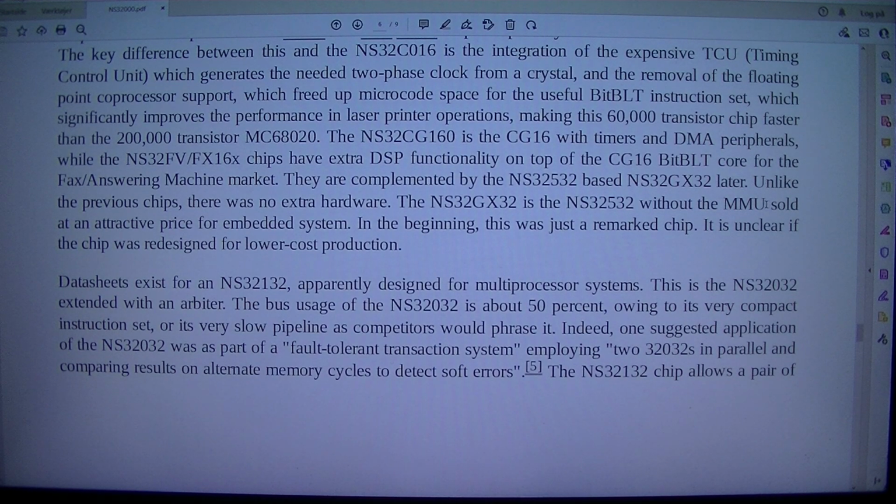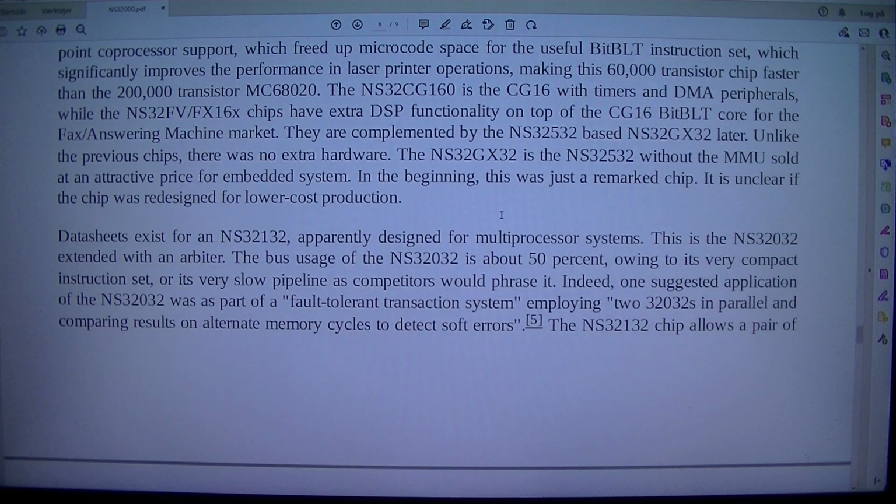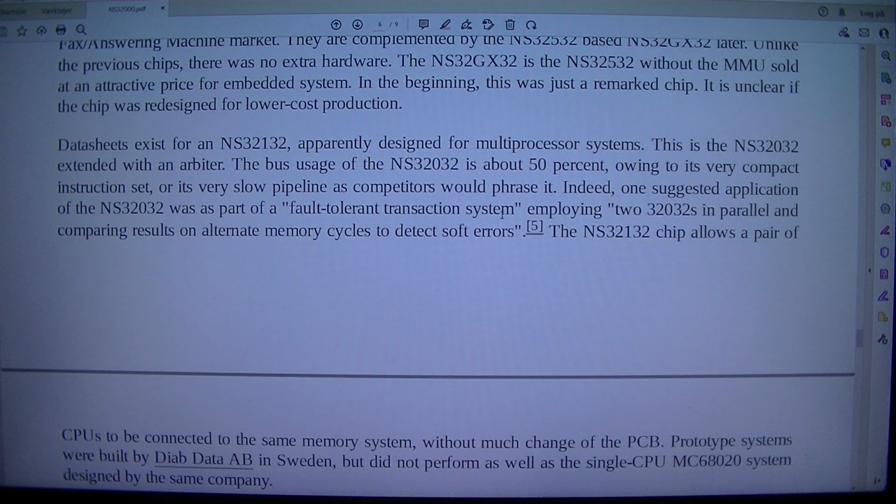Unlike previous chips, there was no extra hardware. The NS32GX32 is the NS32532 without the MMU, sold at an attractive price for embedded systems. In the beginning, this was just a remarked chip. It is unclear if the chip was redesigned for lower cost production.